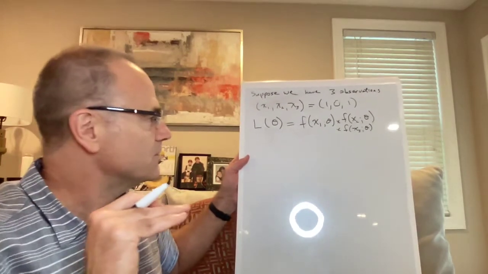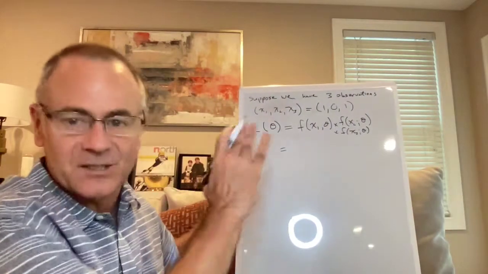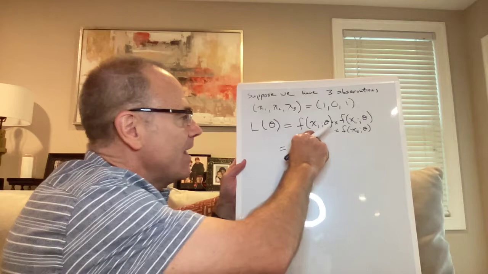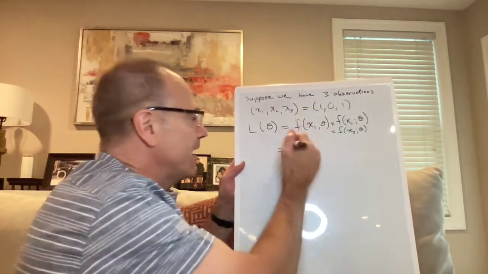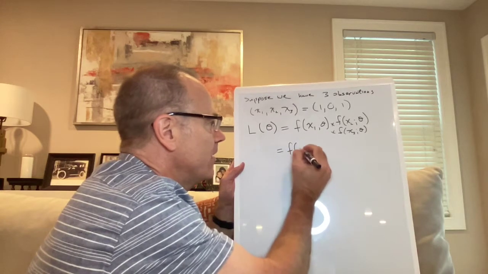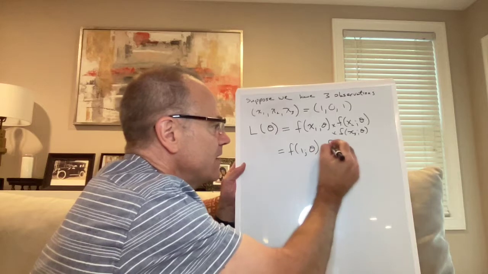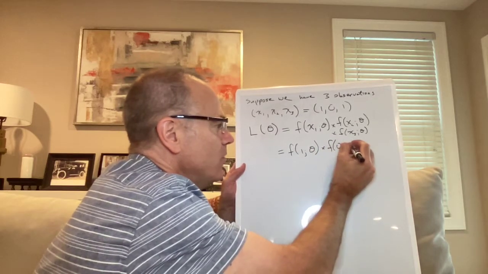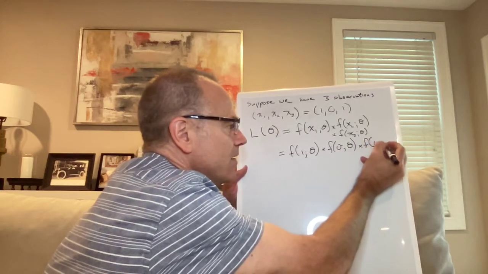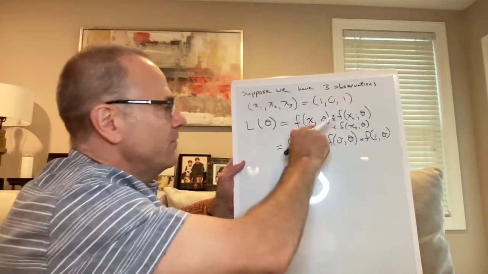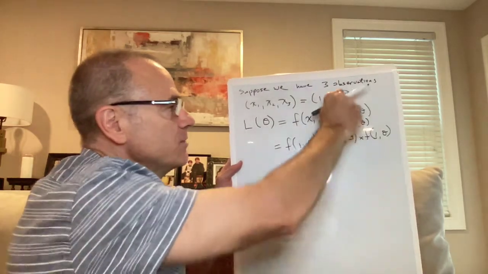Now let's substitute in our data. This equals f of 1 given theta times f of 0 given theta times f of 1 given theta, since x1 equals 1, x2 equals 0, x3 equals 1.